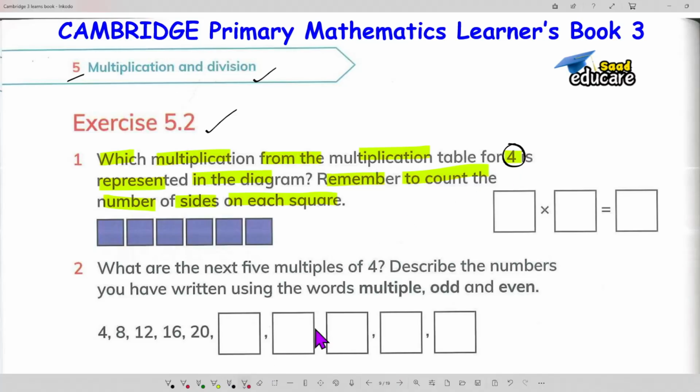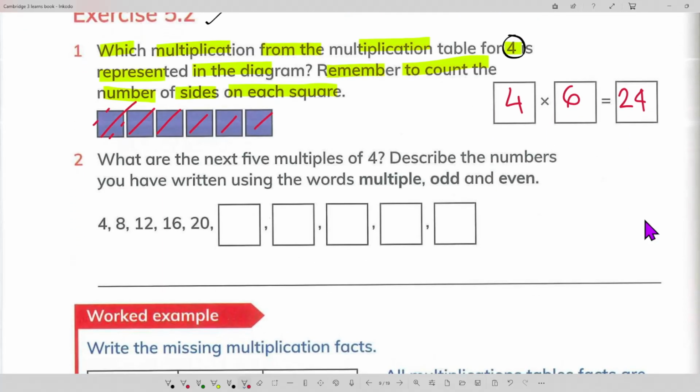So we can write here 4 and count the number of sides on each square. 1, 2, 3, 4. So this is the 4 table for 4. So how many squares? 1, 2, 3, 4, 5, 6. So here is 6. So 4 times 6 is 24, right?